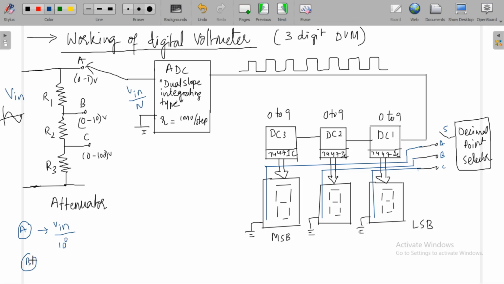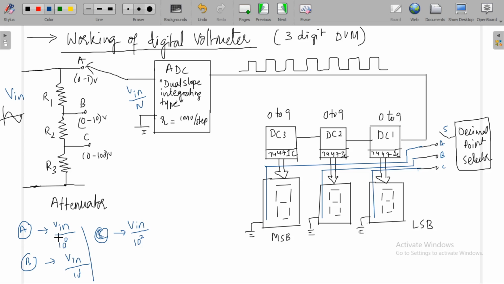If the switch is thrown to position B, the voltage given to this ADC is V in by 10 to the power of 1. If the switch is thrown to position C, the voltage given to the ADC is V in by 10 to the power of 2.